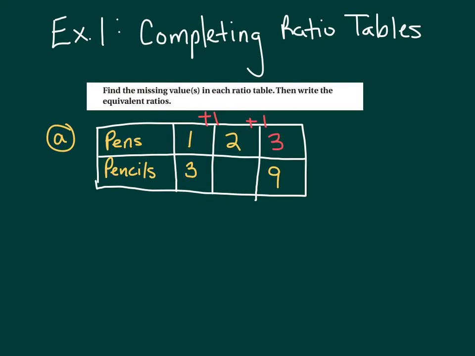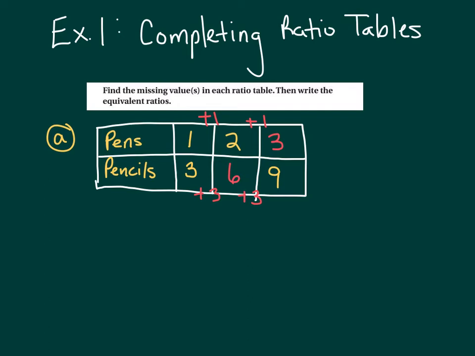If we are trying to figure out what we would do from 3 to 9, and we're going to add something in the middle, you could think, well, if I count by 3s, adding 3 here would give me 6, and I have to add the exact same amount here, and that would give me 9.